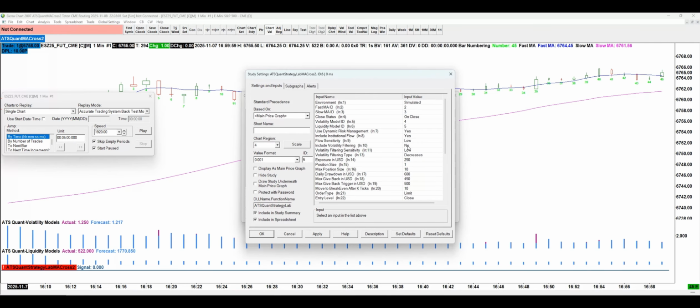Maybe increase the institutional flow, maybe completely remove it altogether, and instead of filtering based off of institutional flow, try using volatility filtering. And then you really need to understand the environment in which the phenomena that you're looking to exploit is most conducive.